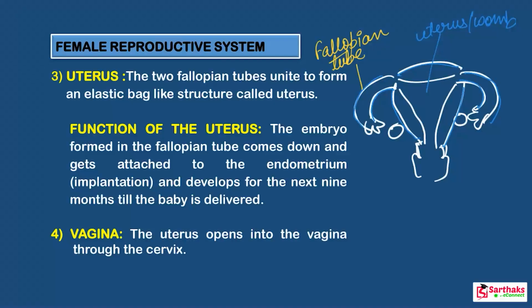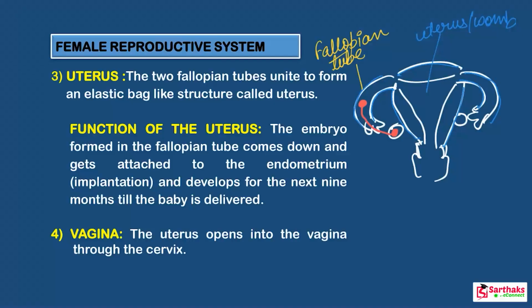Let me explain the whole process one more time. This is the ovary, and inside the ovary the ova are present. When an ovum matures, it comes toward the fallopian tube and stays there for 24 hours.